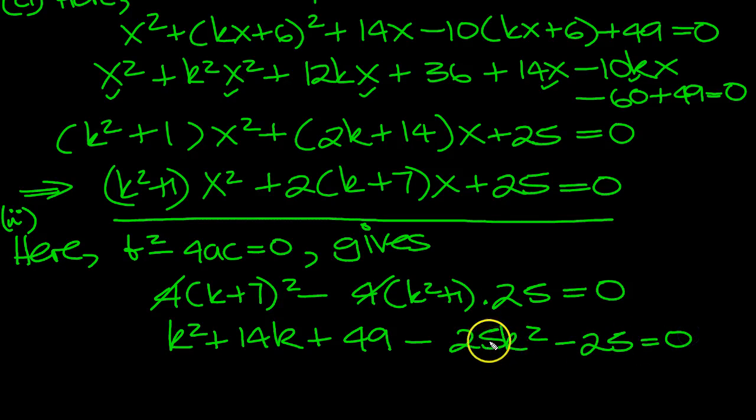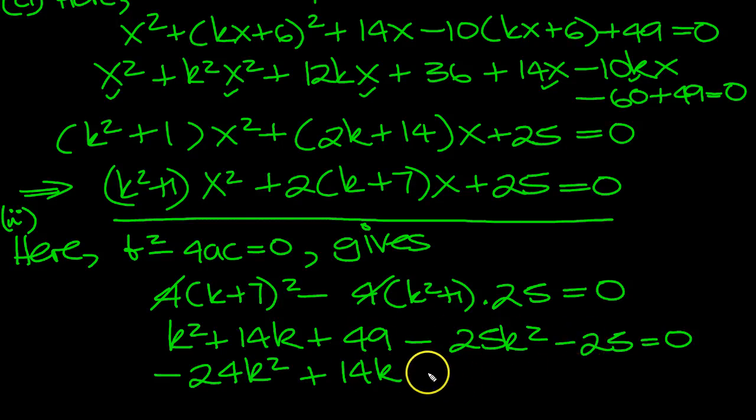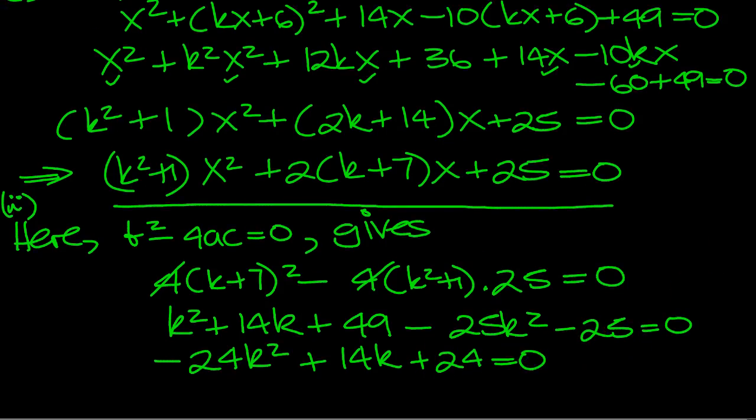So what have we got? We've got 25, k squared minus 25 is minus 24 k squared, plus 14k. 49 minus 25 is plus 24. Okay, so divide all the way through by 2 and run a minus through it.